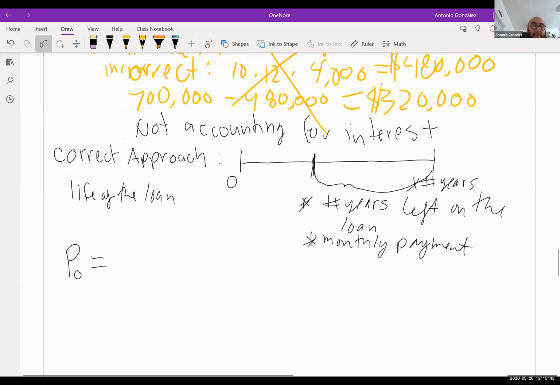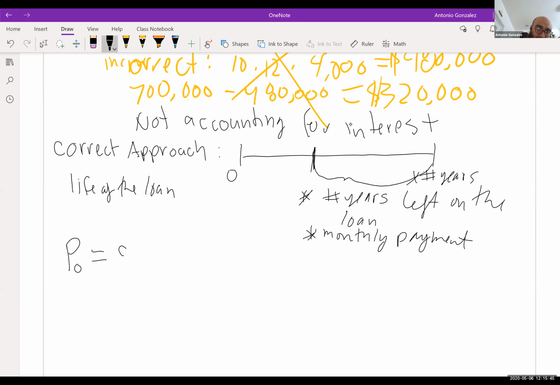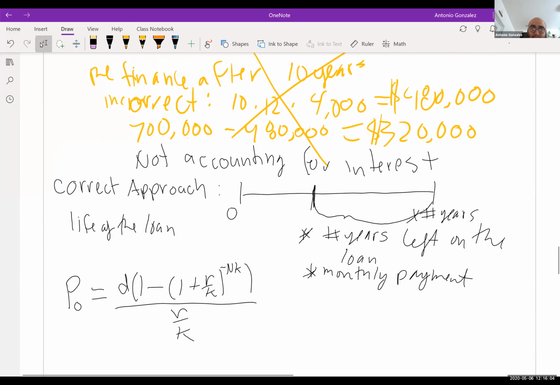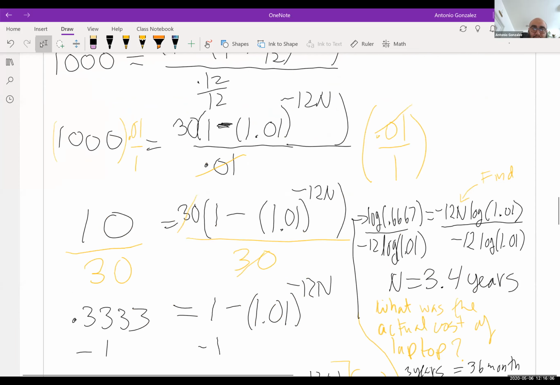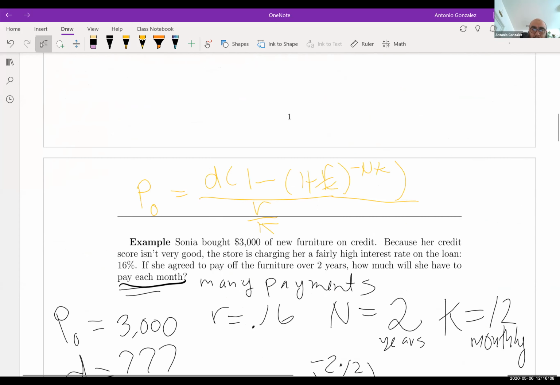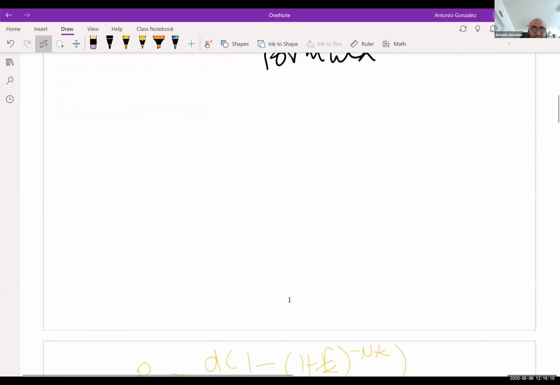All right, so our formula: P naught is D times (1 minus (1 plus R over K) to the negative NK), all over R over K. Okay, now going slow. So here, I got the formula down.